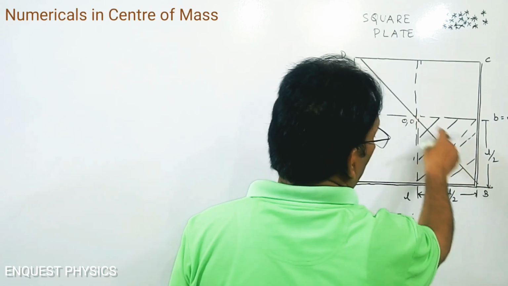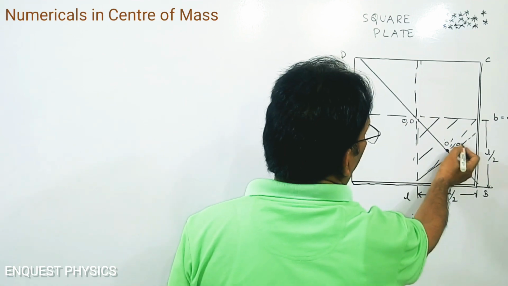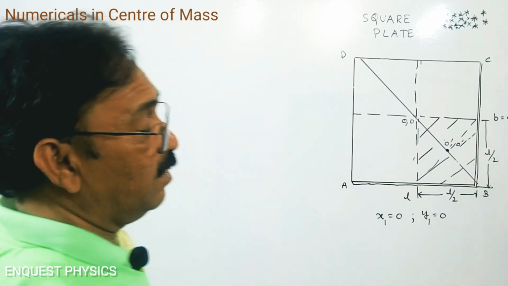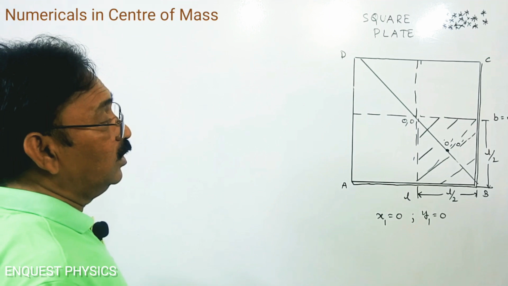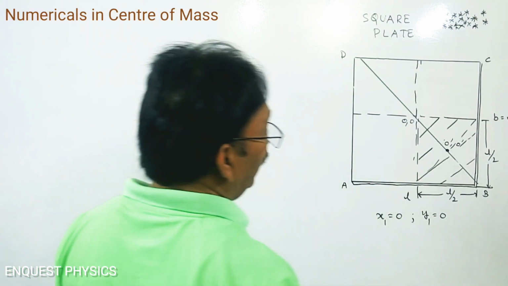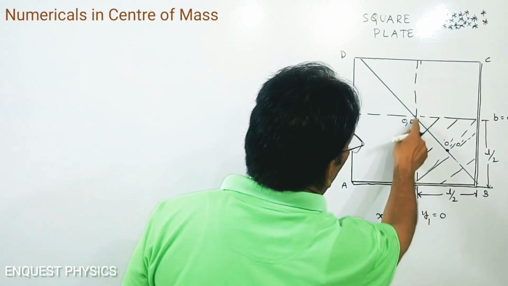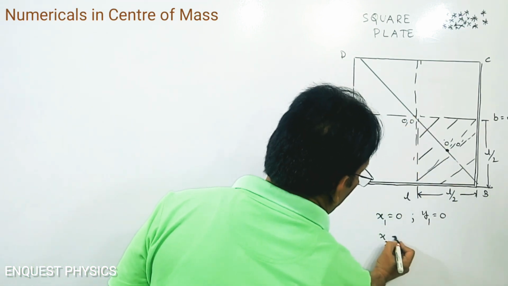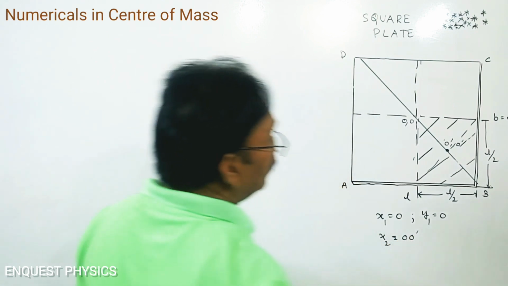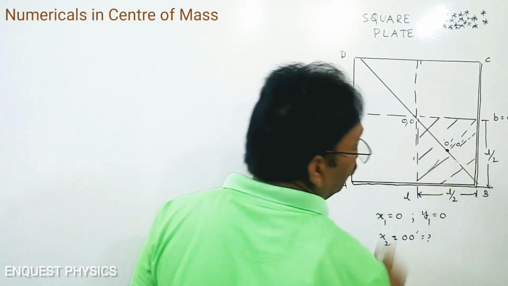Let's say it is O dash. We took x1 as equal to O and we need to find x2, which is O dash. But we don't know the value of this length O O dash.